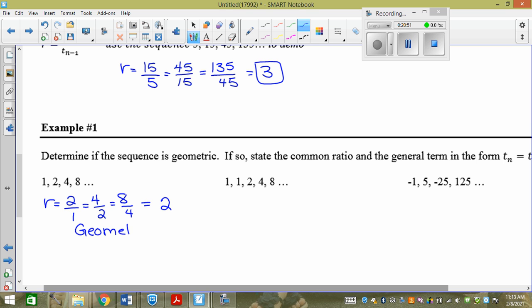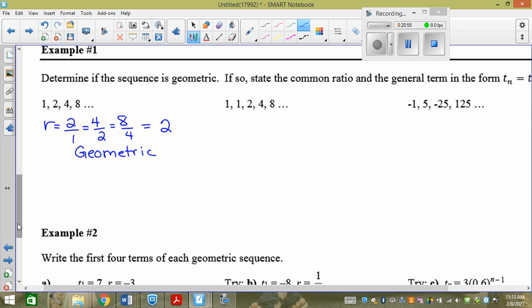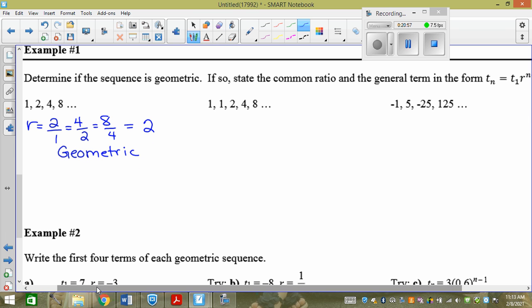So it's geometric, and that's my common ratio. Once I do that, I can get the general term. Just like the general term of arithmetic, we leave out the Tn, we leave out the n. We fill in T1, and in this case, we fill in R. So the formula is Tn equals T1 times R to the n minus 1.